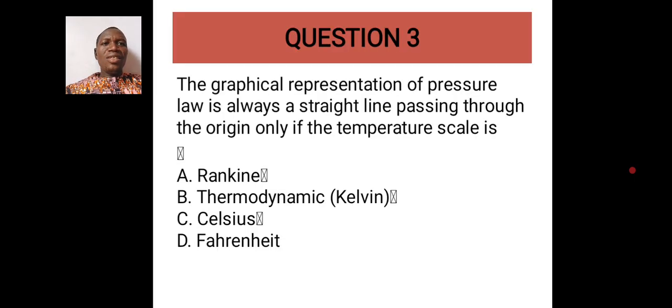It says the graphical representation of pressure law is always a straight line passing through the origin only if the temperature scale is... Now let me give you a quick hint, a quick hack. In physics, usually calculations that relate to temperature are done in Kelvin and not in degrees Celsius, unlike in chemistry. Even in chemistry, in some situations you deal with Kelvin.